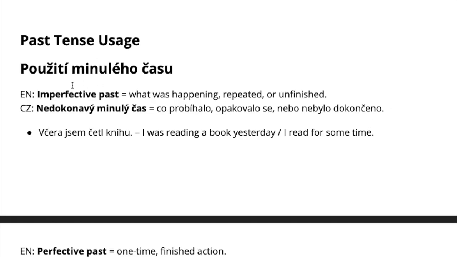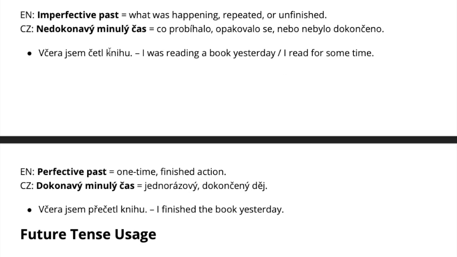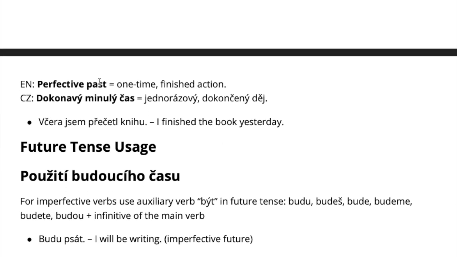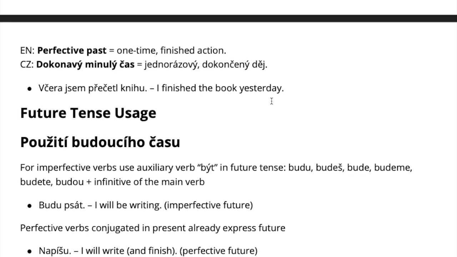The imperfective past says what was happening, what was repetitively happening, or what was unfinished. Včera jsem četl knihu. I was reading a book yesterday. Perfective past, dokonavý minulý čas, one time finished action, jednorázový dokončený děj. Včera jsem přečetl knihu. I finished the book yesterday.